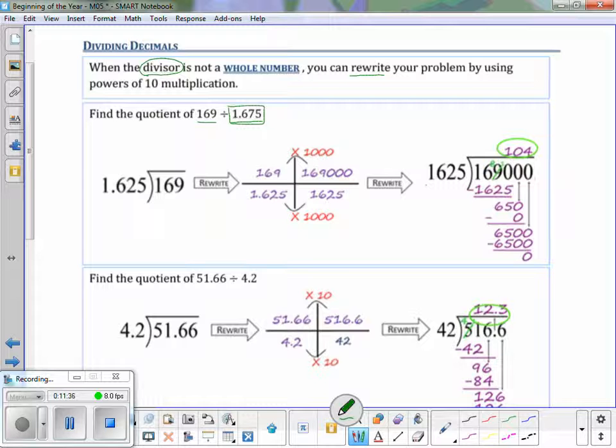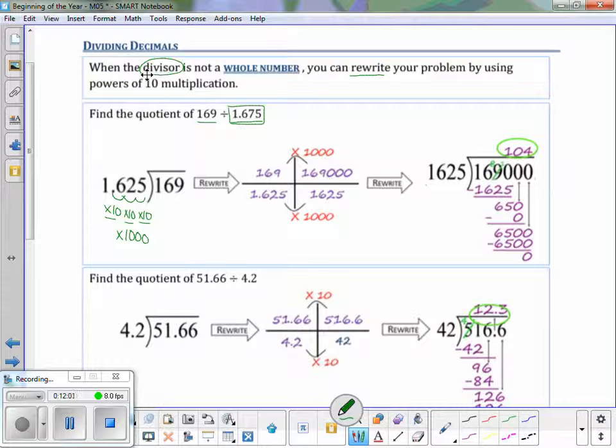So we're going to multiply it by 10, by another 10, and by another 10, which is 10 times 10 is 100, times 10 is 1,000. So in all, we multiplied it by 1,000 in order to get it to be a whole number.